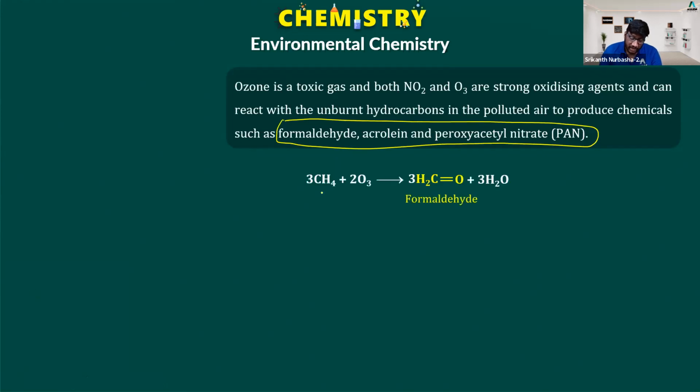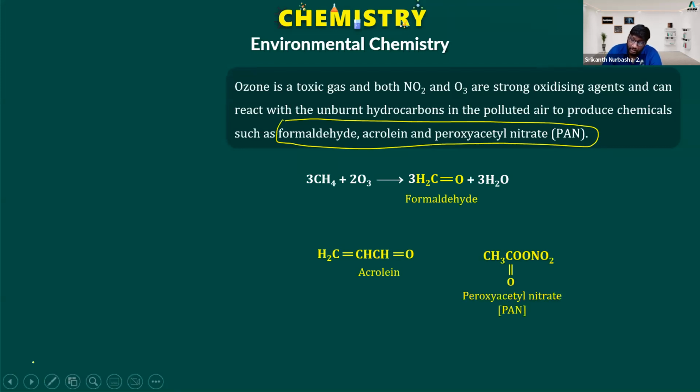So what happens? The hydrocarbon reacts with O3 to form HCHO plus H2O. So acrolein and CH3C=O, CH3C=O NO2. This is nothing but your peroxyacetyl nitrate.